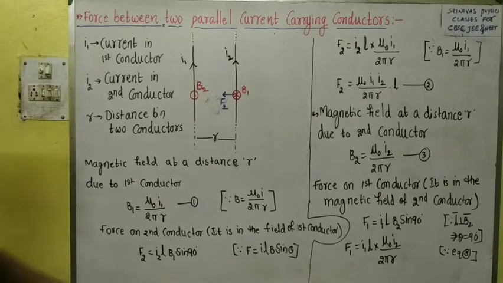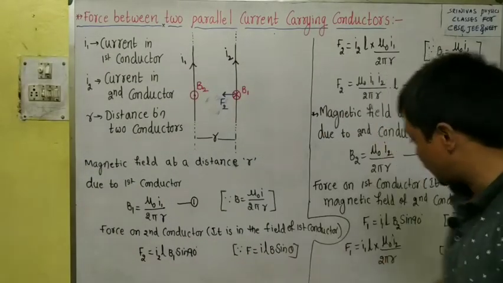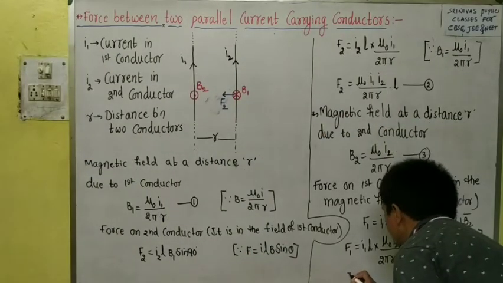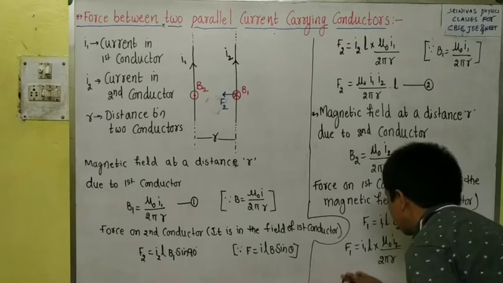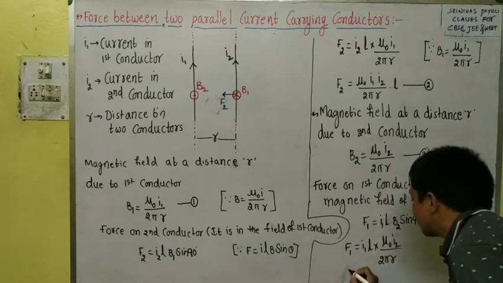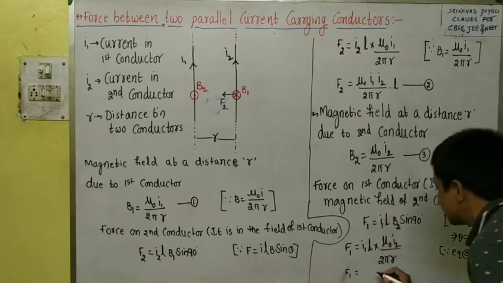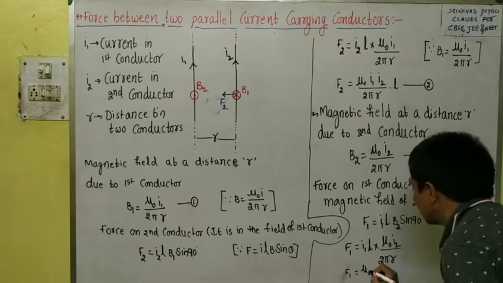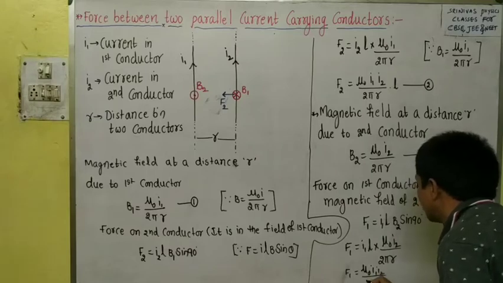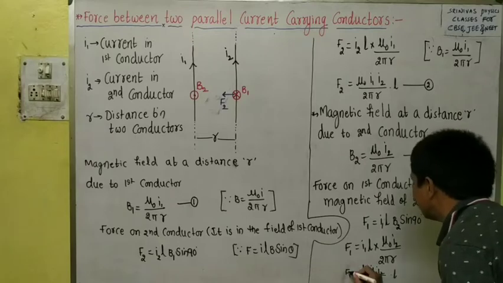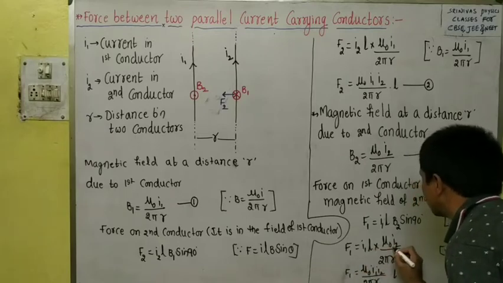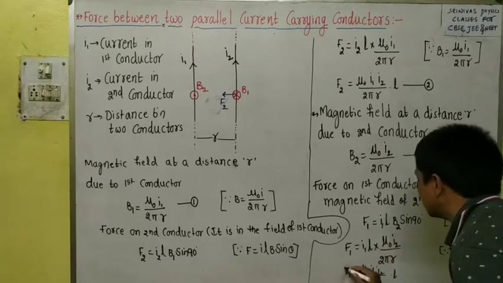Now the F1 formula we can write here from here. Look at here very carefully. F1 is equal, we will get as, just rewrite these sentences, mu naught I1 I2 by 2 pi R into L.